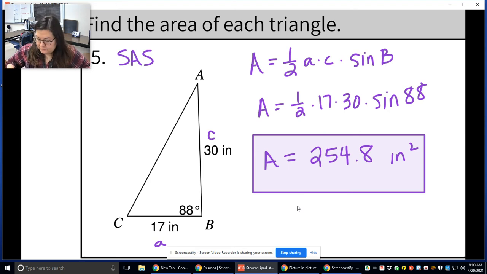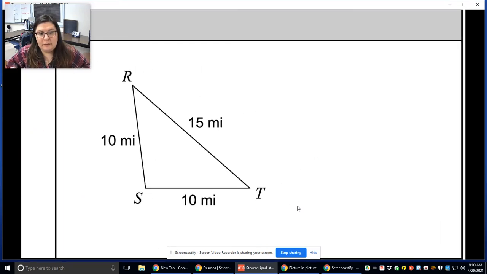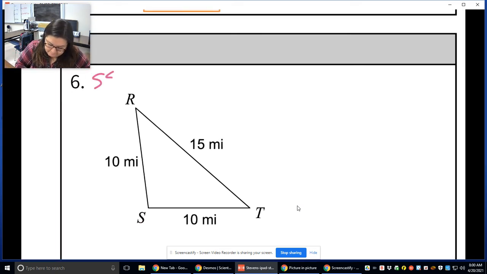Okay, the next one, number 6, it's still area. I want to find the area of that triangle. But this time I don't have any of the angles. All I have is all 3 sides. So in this case, when you have side, side, side, this is Heron's formula.